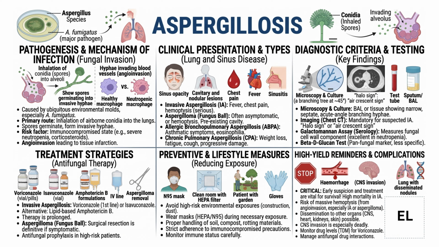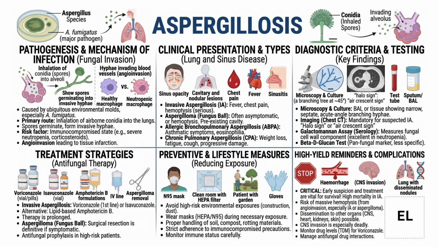Now let's discuss the treatment strategies. The first-line treatment for invasive aspergillosis is Voriconazole. It is the drug of choice due to its effectiveness and relatively better safety profile. Another important option is Voriconazole, which is also used in invasive disease. If these are not suitable, lipid formulations of amphotericin B can be used as an alternative.